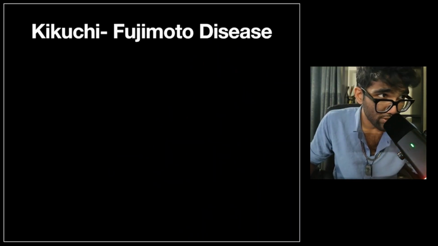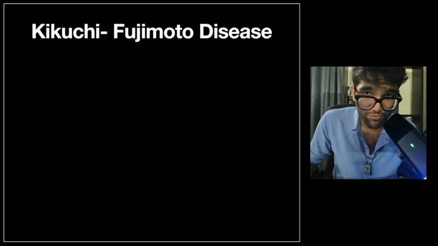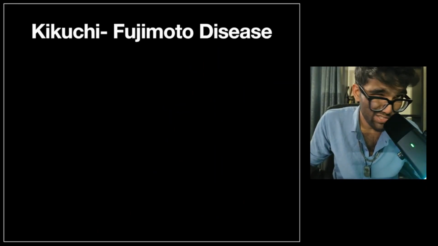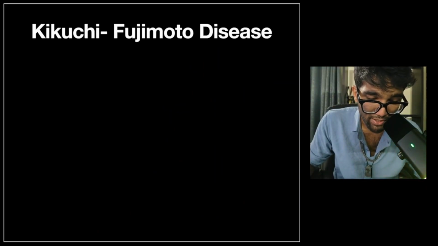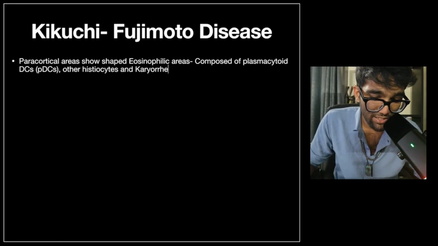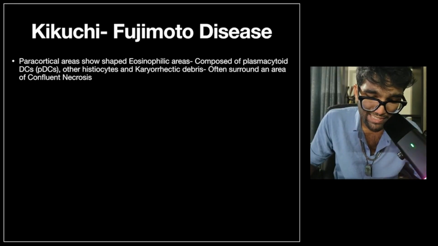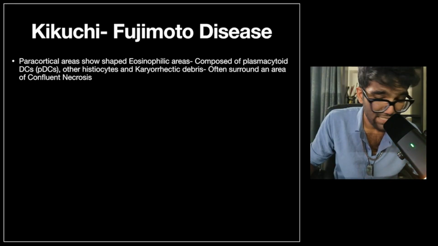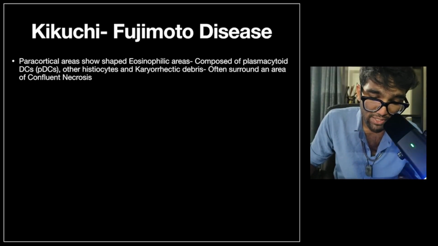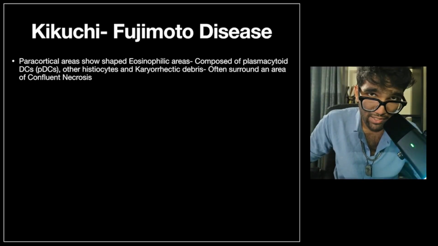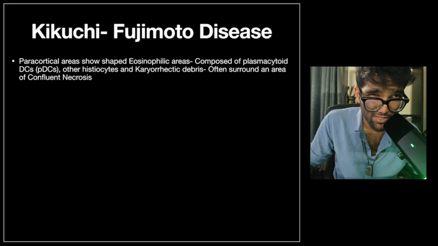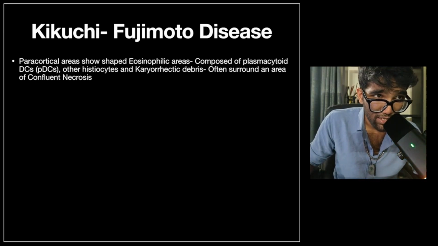Before we go into that, I'll just write a few words on Kikuchi Fujimoto, just to give you a ground view. This is actually a disease in which the paracortex of the lymph node shows oddly shaped eosinophilic areas, which are composed basically of plasmacytoid dendritic cells, a type of dendritic cell which is prominently activated by viral molecular proteins.